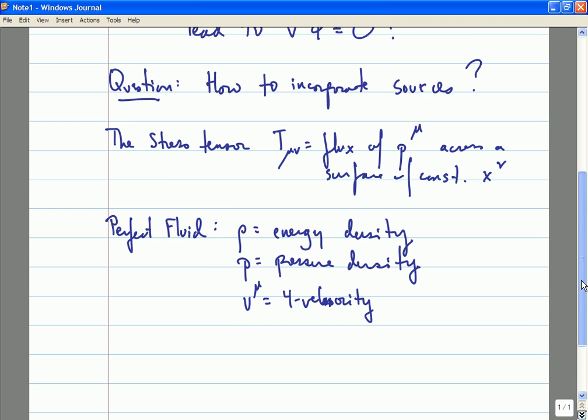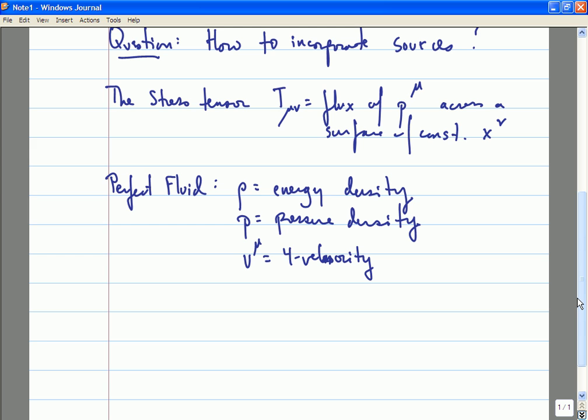So, the stress tensor of a perfect fluid, we argued last time, has to take the form of (P plus rho) times U mu U nu plus P times g mu nu. So why did it have to take this form? Well, when the fluid is not moving, the stress tensor just has to be a diagonal matrix because there are no shear forces anywhere.